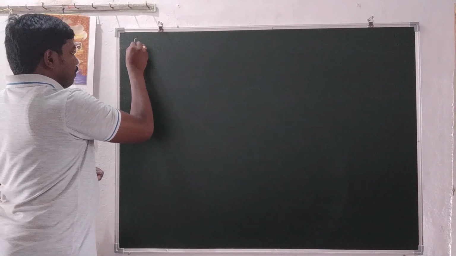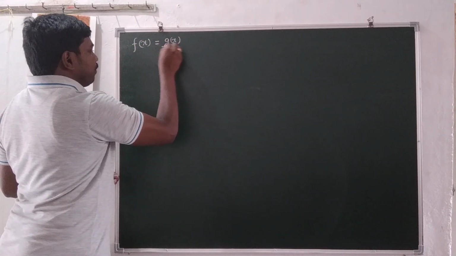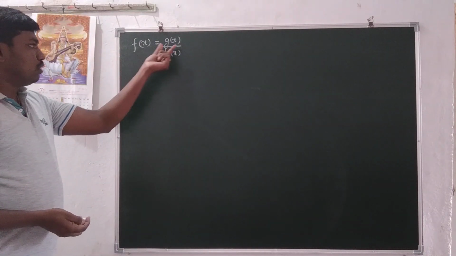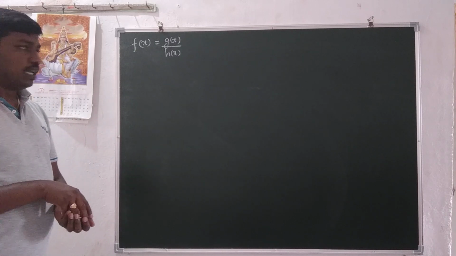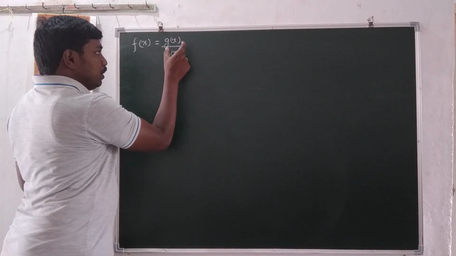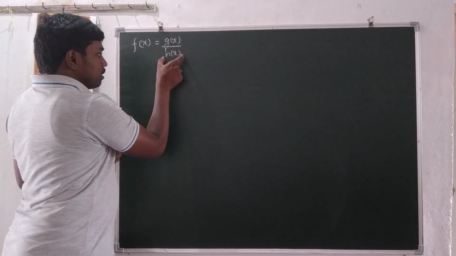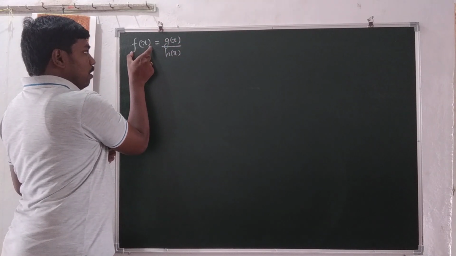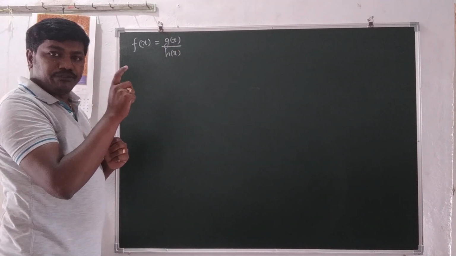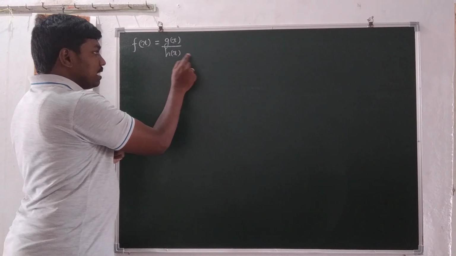Quotient functions are of the form f of x is equal to g of x divided by h of x. Individually g of x and h of x are functions, and g of x by h of x is nothing but f of x. f of x is continuous at every point of real numbers except where h of x is equal to 0.